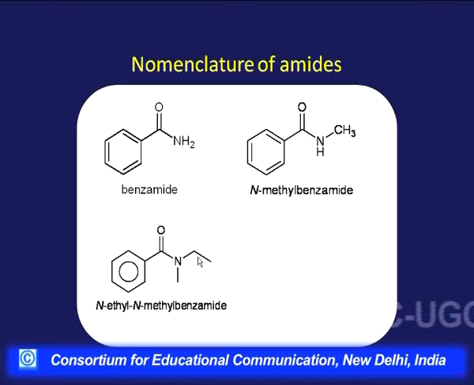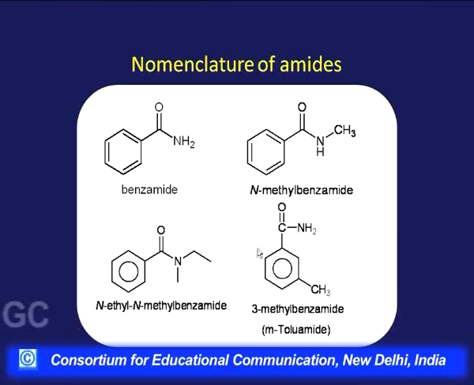If there are 2 different substituents on this nitrogen, one is methyl and one is ethyl, then we will have to write the name of both the alkyl groups, which is prefixed by the capital N, and then these groups are written in alphabetical order. Say this is ethyl starting with E, this is methyl starting with M. So, we will write ethyl first, then methyl, then benzamide, and ethyl and methyl both are prefixed by capital N. So, the name for this compound becomes N-ethyl N-methyl benzamide.